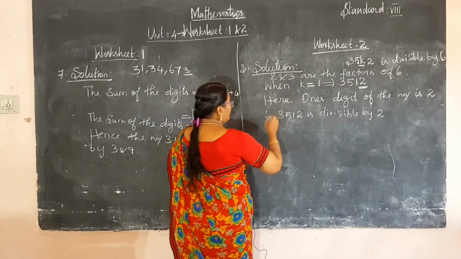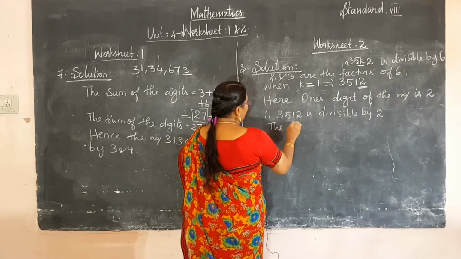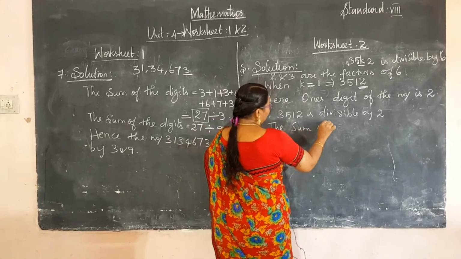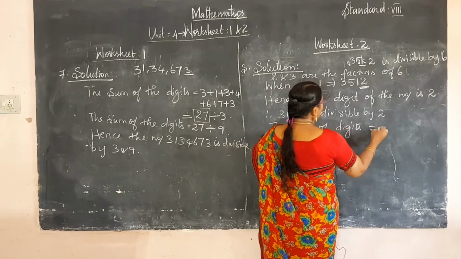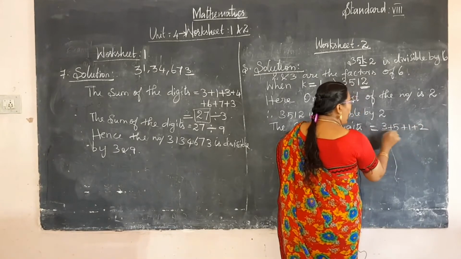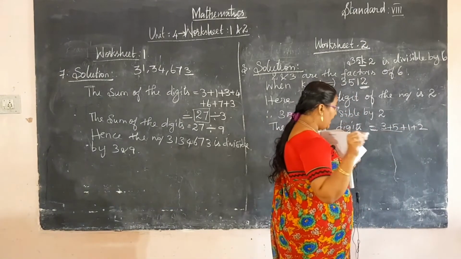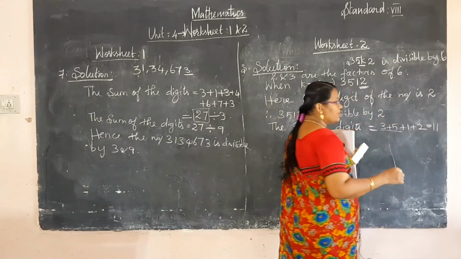Now check the next one, the sum of the digits. What is the value? 3 plus 5 plus 1 plus 2. Add 3 plus 5, 8. 8 plus 3, 11. 11 is not divisible by 3.